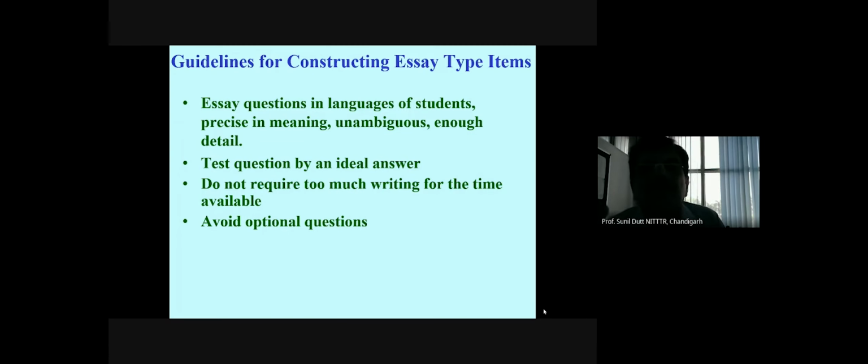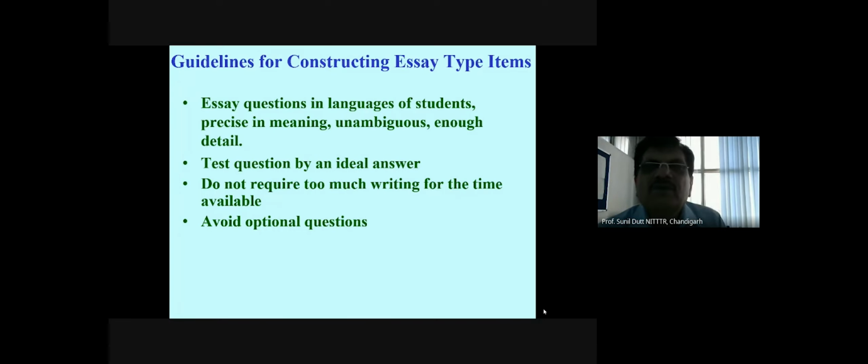Another student is attempting question number 8, 7, 6, 5, 4. Another student is attempting 4, 5, 6, 7, 8, like that. So different combinations. Now my question is, will you be able to compare the learning abilities of the students? No. Learning abilities can be measured only if all the students attempt all the questions. So there should not be any external choice.